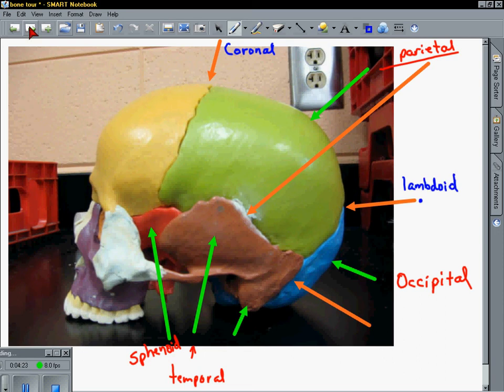Connecting the occipital bone to the mastoid process, if we want to think of it that way instead of the temporal, is the occipitomastoid suture. Oh, I left off one way up here at the top. Between the parietal bones and the temporal bones is the squamosal or squamous suture. And that's pretty much got us on that.